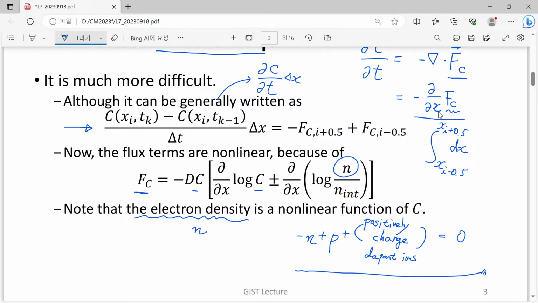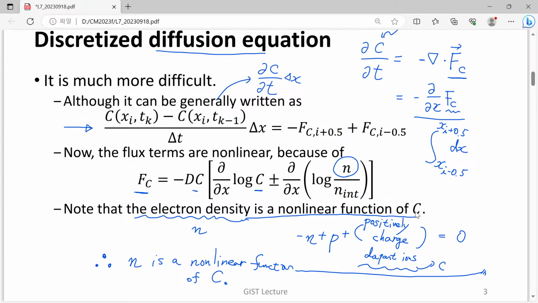When we have this kind of approximation, we immediately find that this is more or less related with C. So from this expression, we can find that the electron density n is a non-linear function of our dopant density C. This is exactly the same statement shown here.